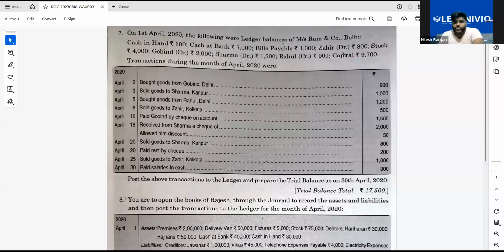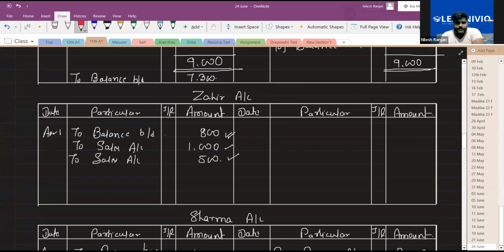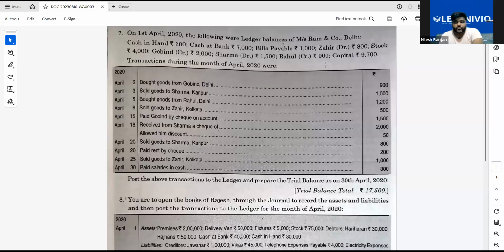Then there is Jahir debit 800, Jahir account 800. Then there is stock 4,000. Actually, stock is treated as opening stock. It will directly go in trading account, not here. We will not open any account for stock here.